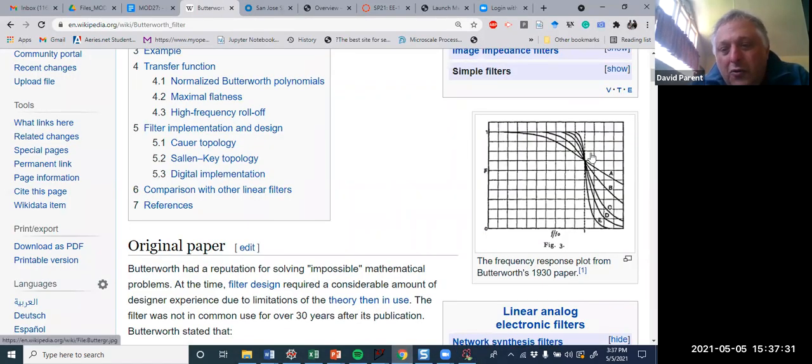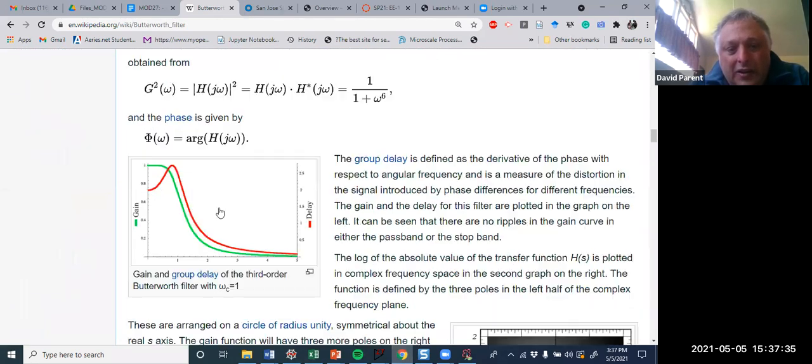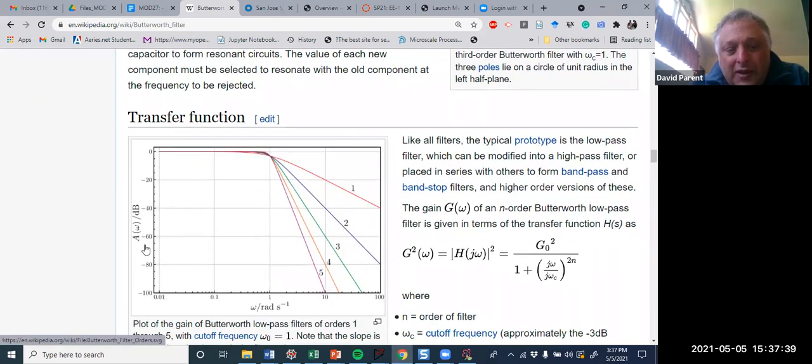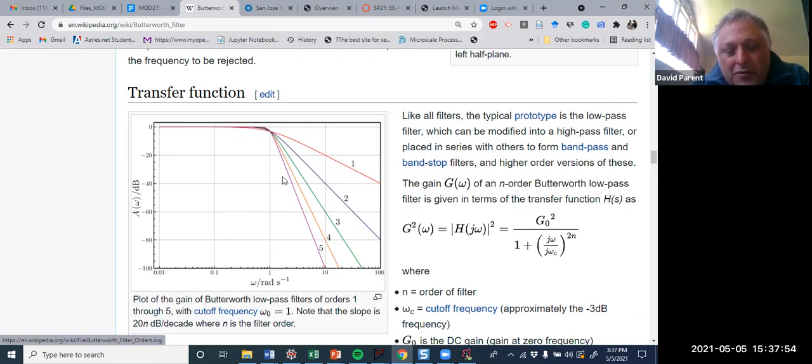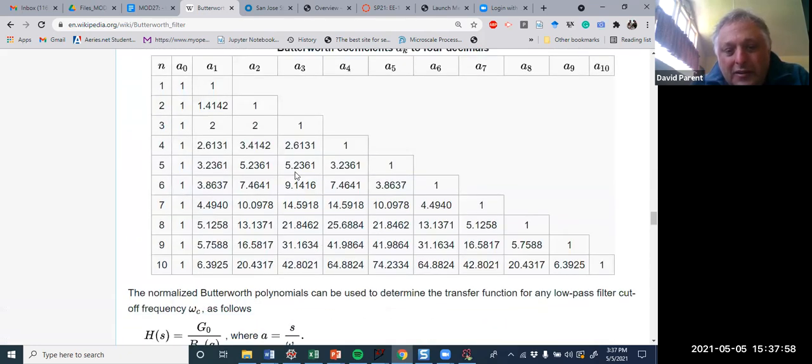Notice how there's no overshoot, right? Like here, there's an overshoot. But here, this is an actual Bode plot. Notice that it just gets sharper and sharper. The bandwidth stays the same, and it just gets sharper and sharper, but there's no overshoot. And here are the constants.